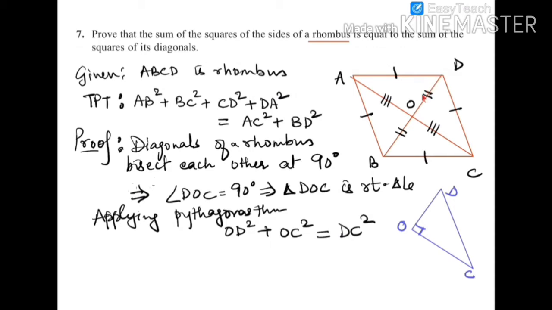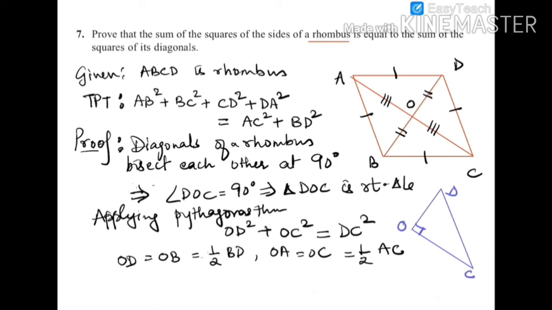But OD is equal to OB. So we can write OD as half of DB. OD is equal to OB and both can be written as half of BD. Similarly, OA is equal to OC and each can be written as half of AC, because OA plus OC makes AC and OD plus OB makes BD.